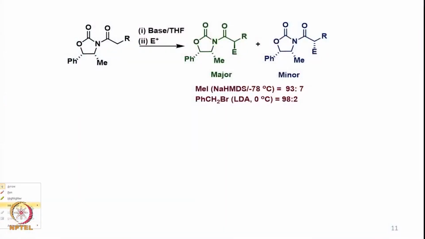If we take, for example, this type of auxiliary here, in which phenyl as well as methyl are both alpha oriented, this is even better because now you have two larger groups oriented in an alpha fashion.